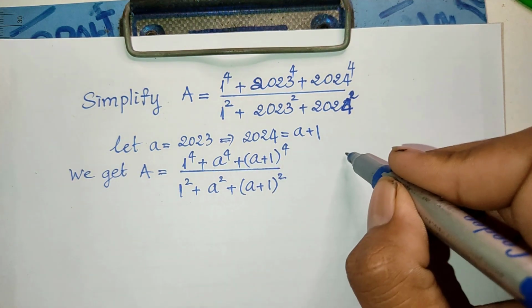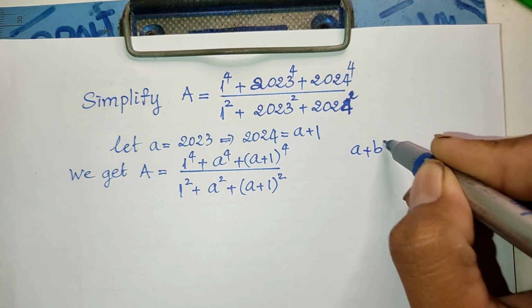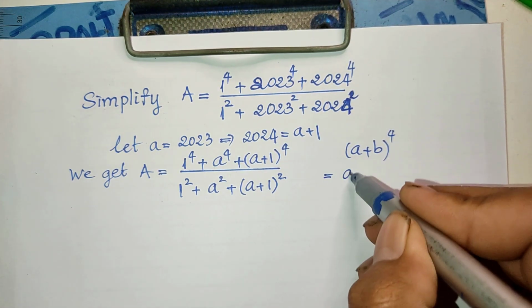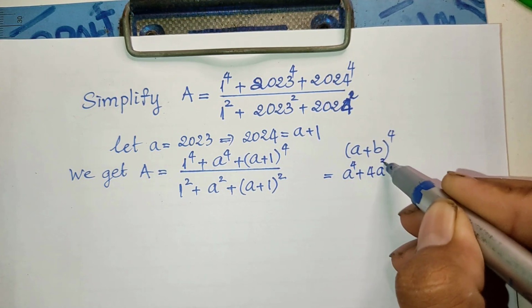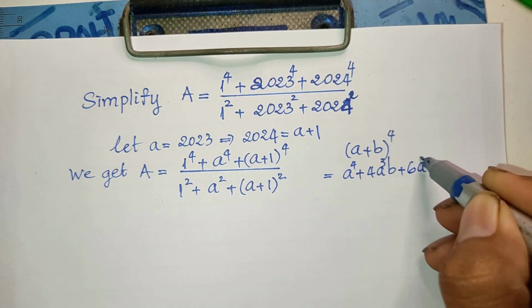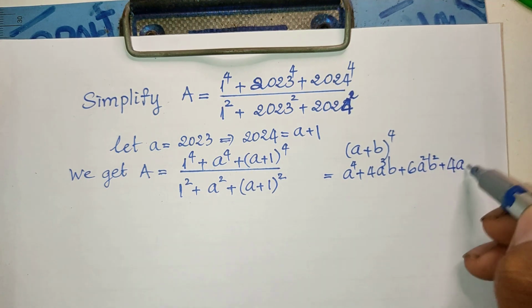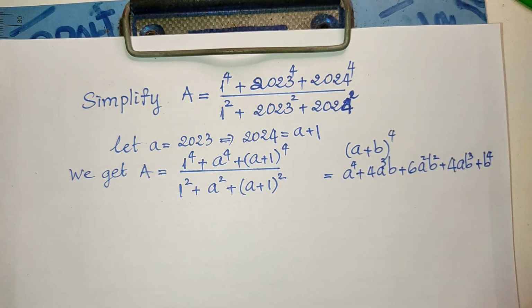Here we use the rule that (a plus b) power 4 is equal to a power 4 plus 4 a power 3 times b plus 6 a squared b squared plus 4 a b power 3 plus b power 4.